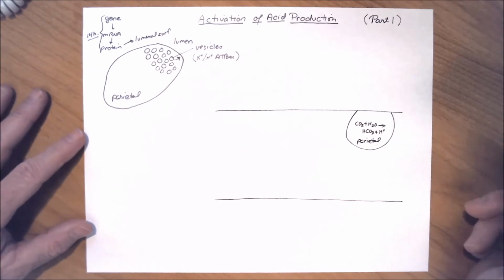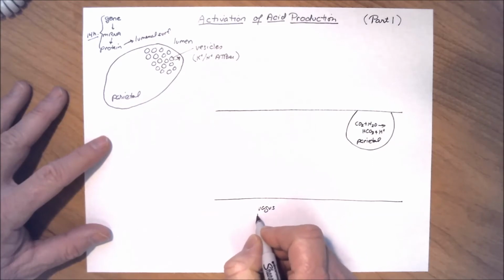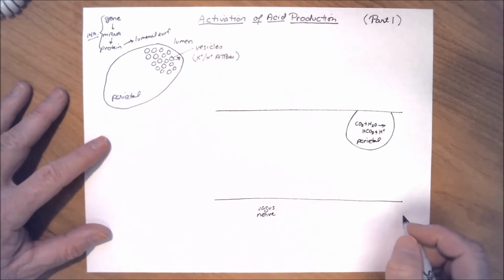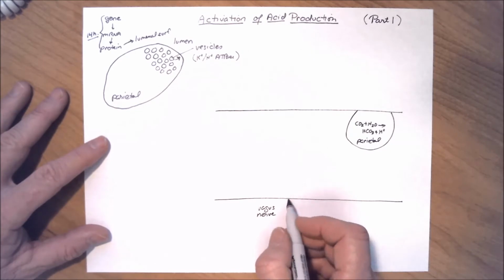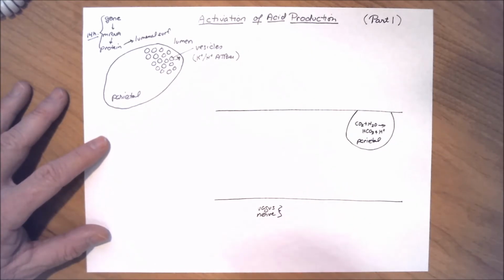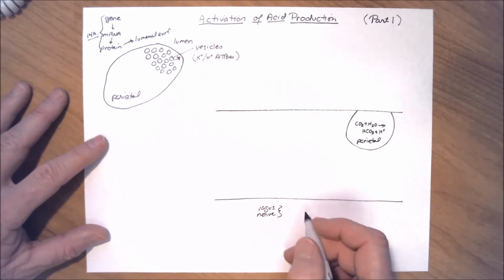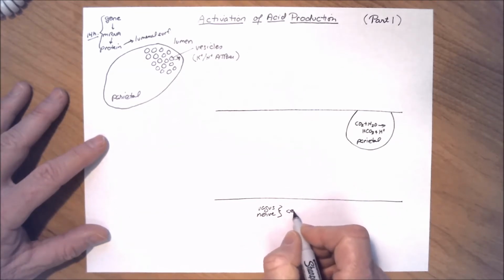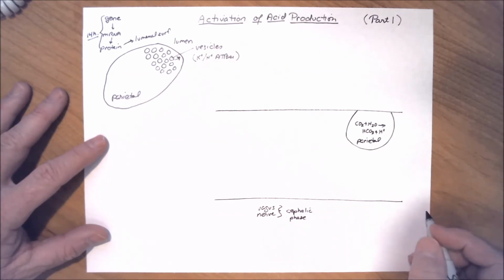Well, the first process is going to be vagus nerve stimulation. Now recall back in the salivary gland, vagal stimulation occurs at the beginning when food is sensed. So when you either visualize it or see it, we get the signal from the vagus nerve to begin the digestive process. This is part of the cephalic phase of digestion.